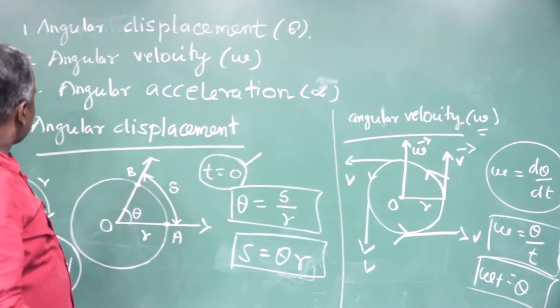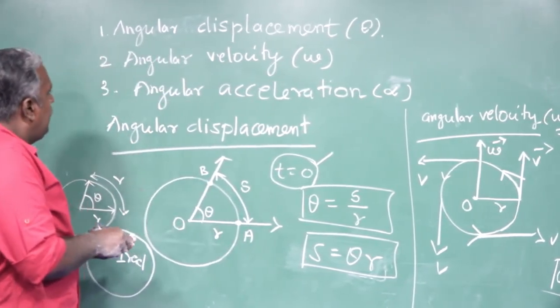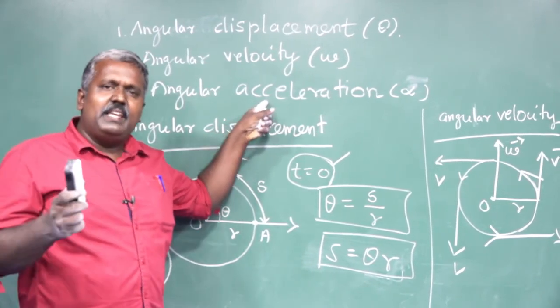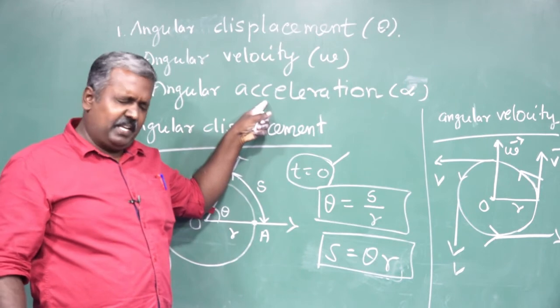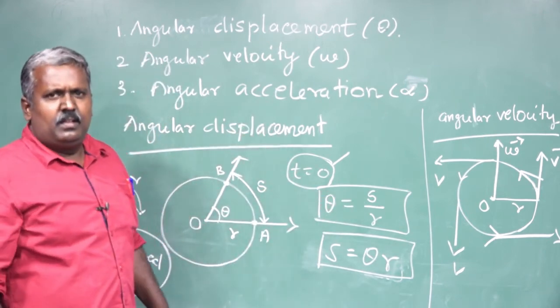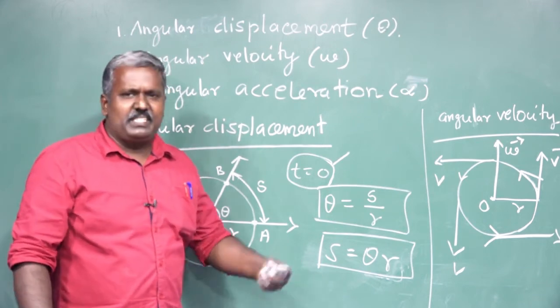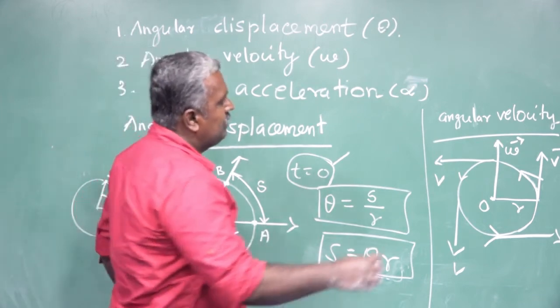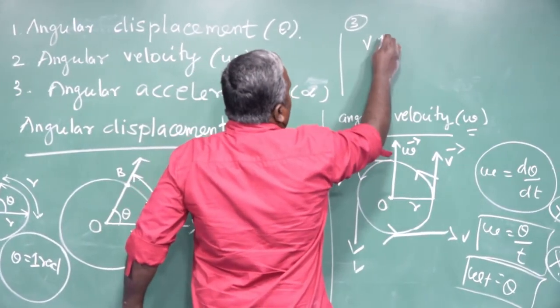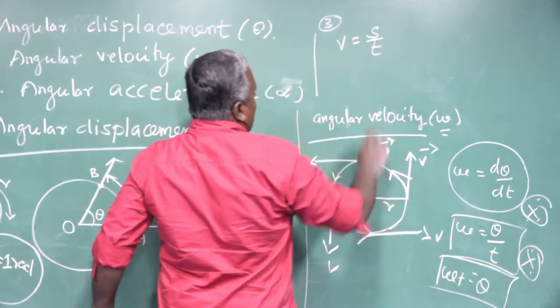Then, the next one, the third one. What is linear acceleration? Very good. Rate of change of velocity, or rate of change of linear velocity. Basic formula: v is equal to displacement by time. I am correct or not?